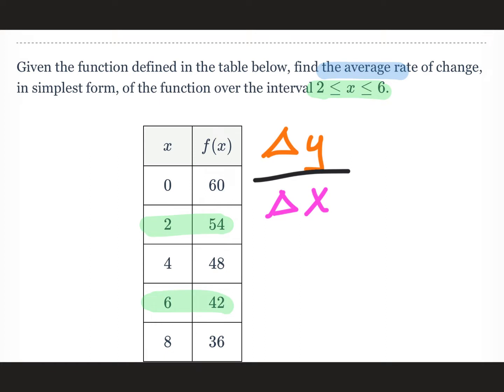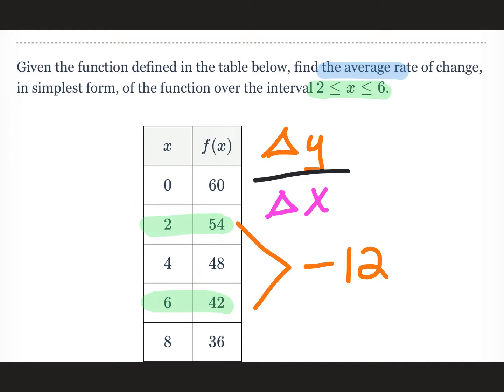This time, instead of writing out change in y, I'm writing delta y because we know it means the same thing. So the delta y, the change in y in this case, will be between 54 and 42, which means it's a decrease of 12 because it is going down by 12.